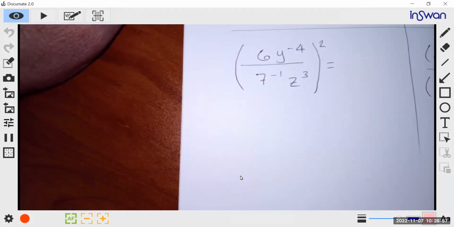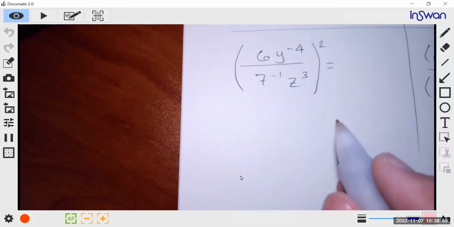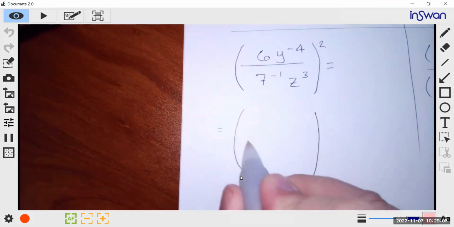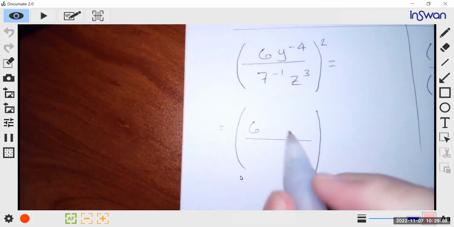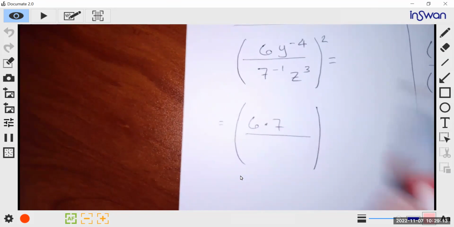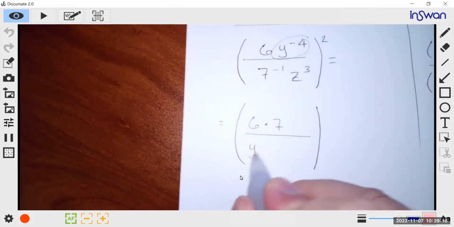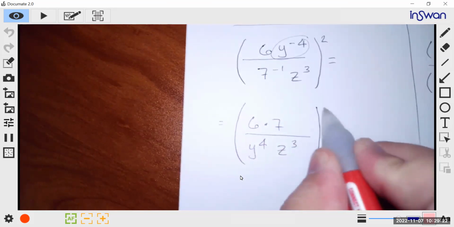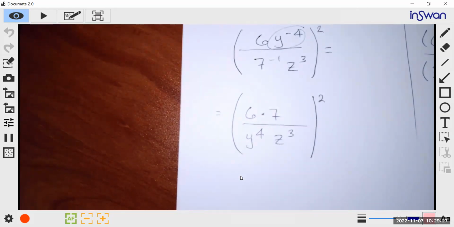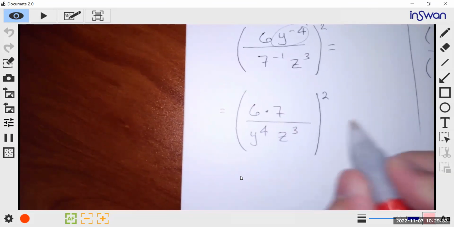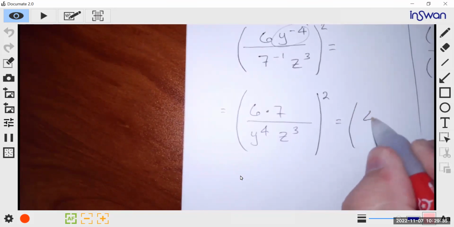How do you do that? Yep. Inside the parentheses, go ahead and just change the negatives to positives. So the 6 stays where it is. The 7 goes up on top, so it's 6 times 7. The y has a -4, so it goes to the bottom. Z. Six times 7 is 42.